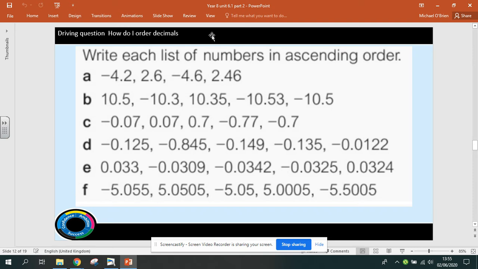Remember, all negative numbers are smaller than all positive numbers. And just work your way down through them, please. Okay, when you're ready, pause the lesson and work your way through them.